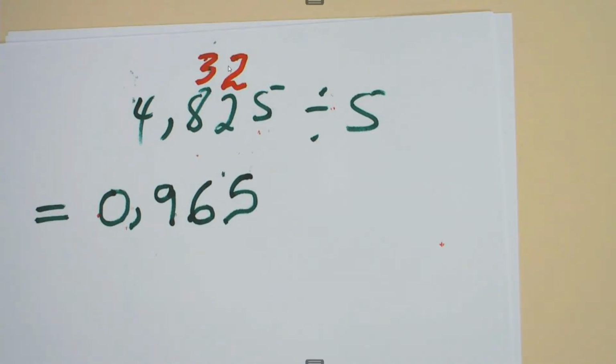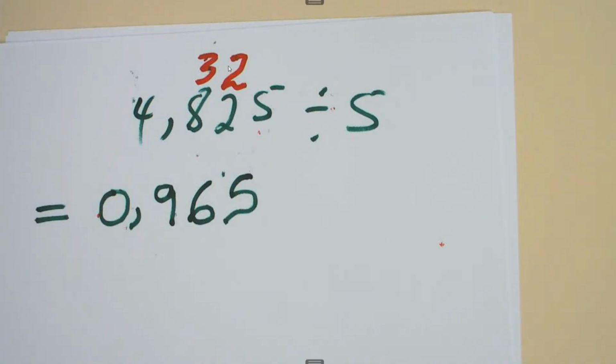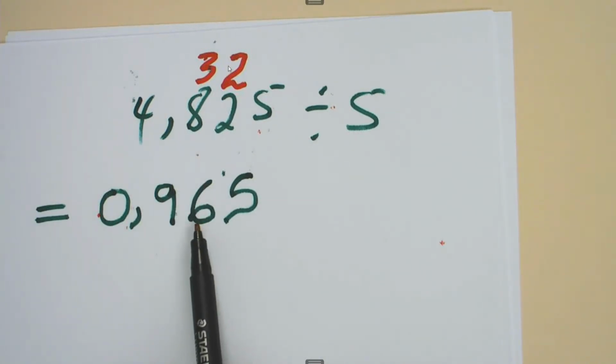Because remember, round off your answer to 2 decimal places. Can we do that? Of course, we can do that. Let's go back. Remember now that 2 decimal places is the hundredths.